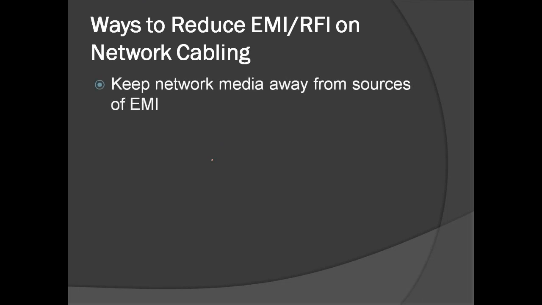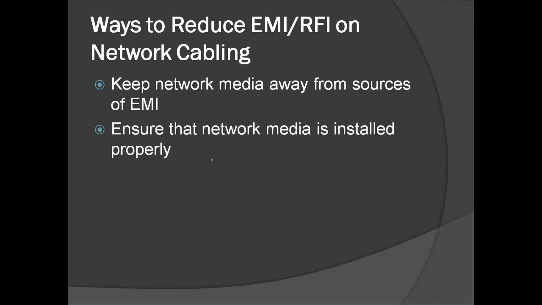Okay, so ways to reduce EMI or RFI on network cabling. First, keep network media away from sources of EMI. As much as possible, if you're going to install cable, don't install it near the devices or equipment that may be a source of electromagnetic interference. Second, ensure that network media is properly installed.